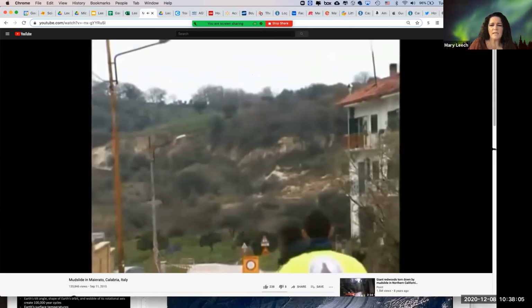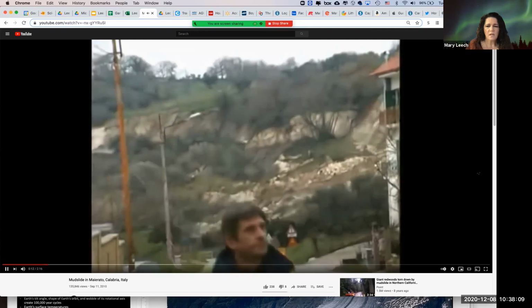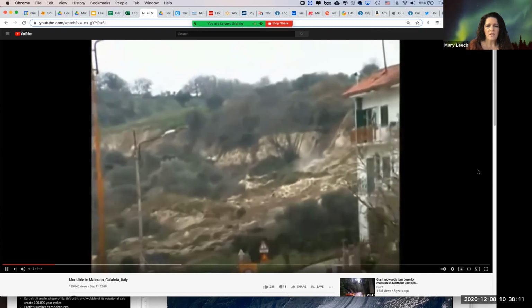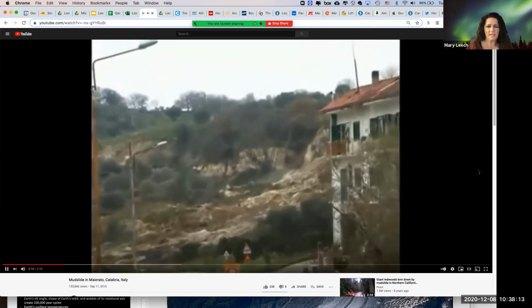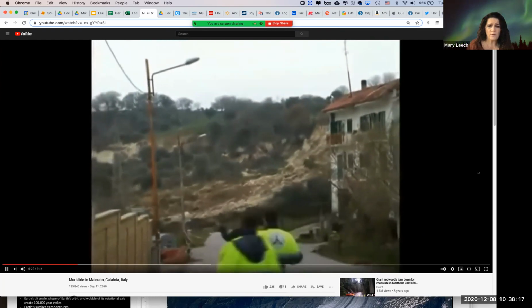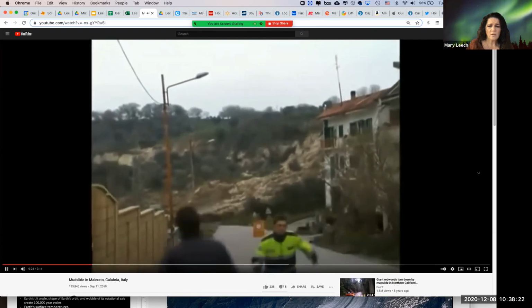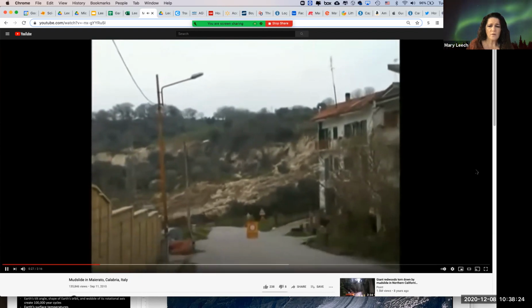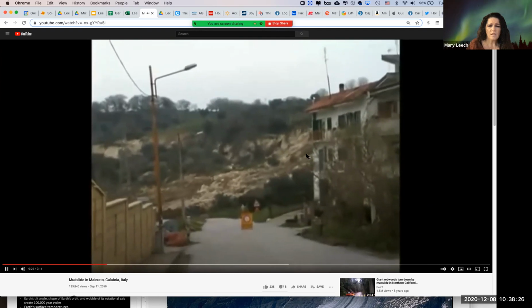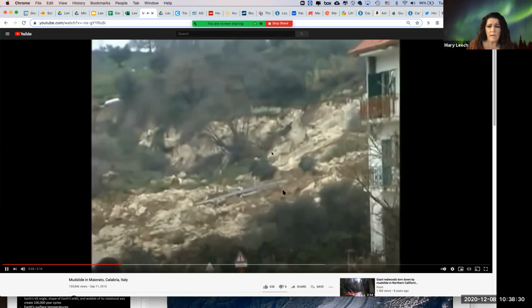This is Italy. That is crazy. It is a huge debris flow. It's not super fast moving, but it's pretty fast.